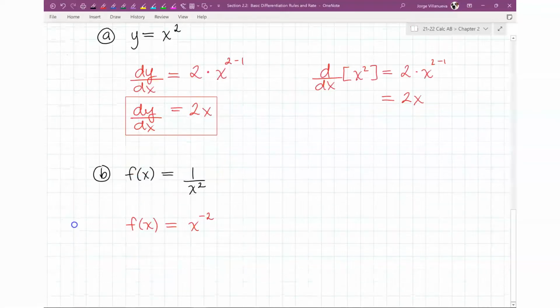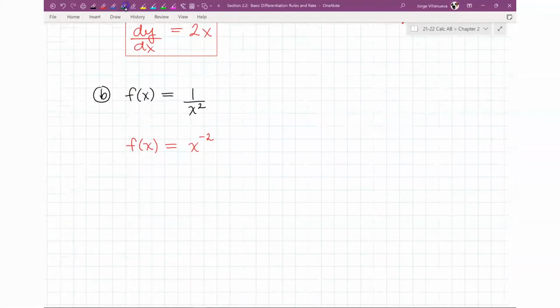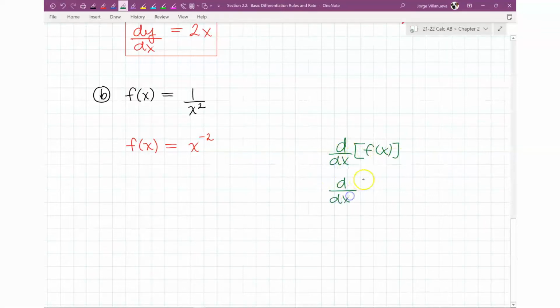Now you could, and I'm not going to advise you to do this, but you can do d dx of f of x. I mean, that's fine. Or you can even write d dx of x to the negative 2. That's fine too. But I would recommend f prime of x.